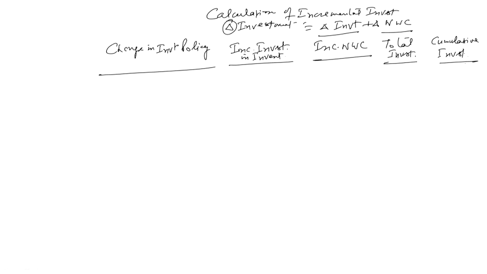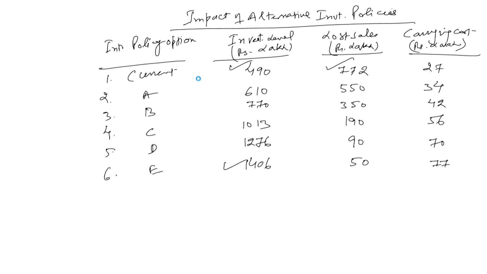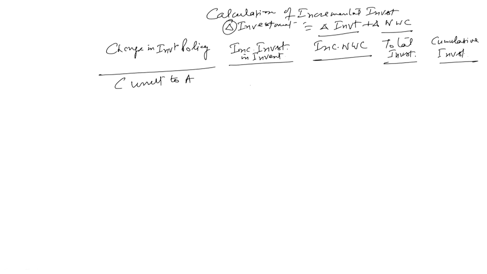So, let us move from the policy current to A. How much incremental investment in the inventory level is this much, that is 490, and if you move from the current to A, the investment in the inventory will go up from 490 to 610. So, that increase we are going to work out here, and that increase will be 120 lakhs, right.